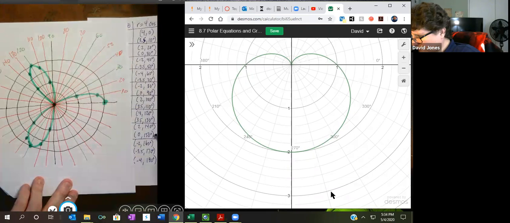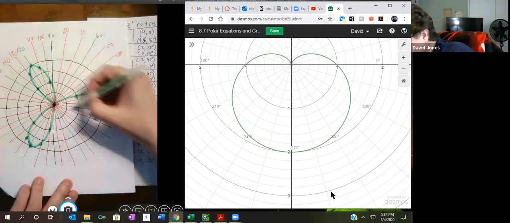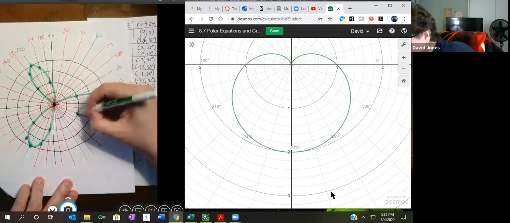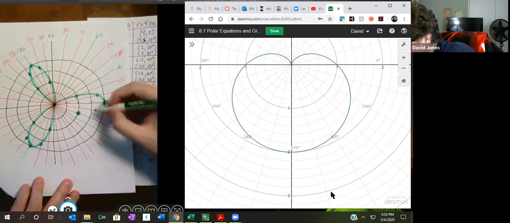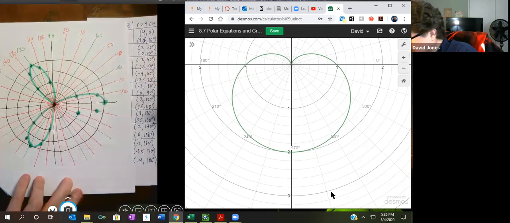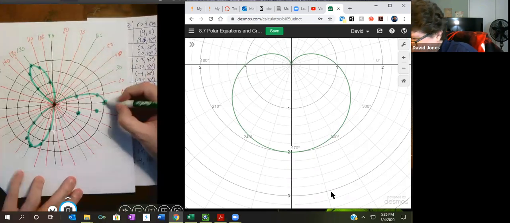So yeah, I was at 150. At 160, I'm at -2. So we're following that line. We're over here. 170 is -3.5. And 180 is -4.